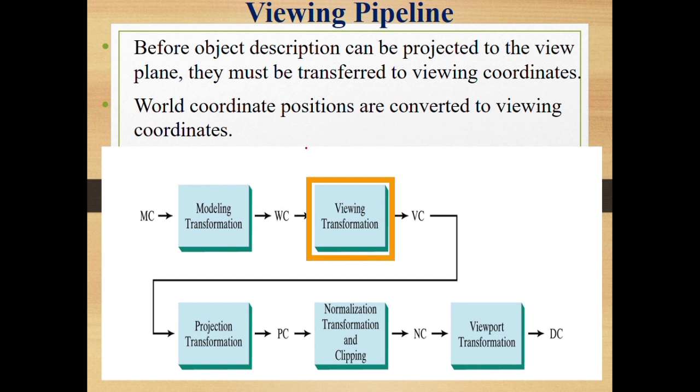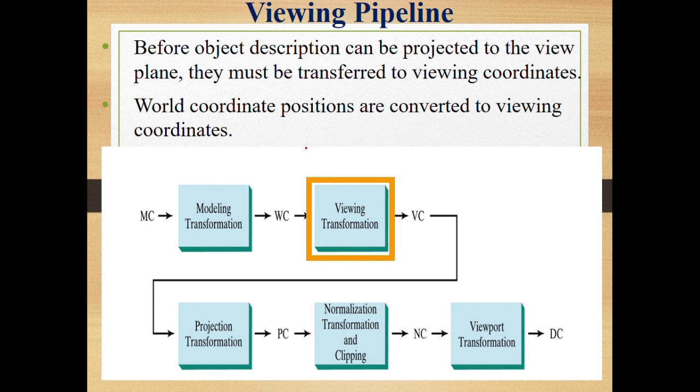So according to this view pipeline concept, once we choose any one of your objects, that object indicates one predefined shape. So what is the cube shape, what is the mobile shape, what is the mouse shape and what is the computer shape. They provide the predefined modeling shapes. So once you select any one of the object shapes, before the object description can be projected on the view plane, it must be transferred into view coordinates.